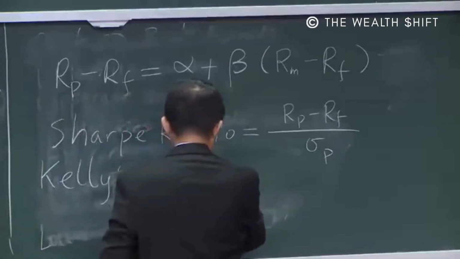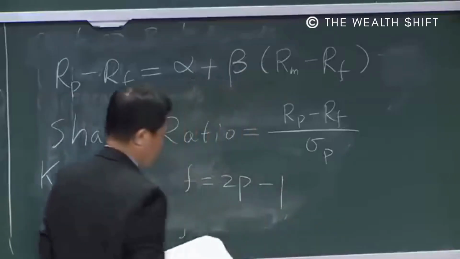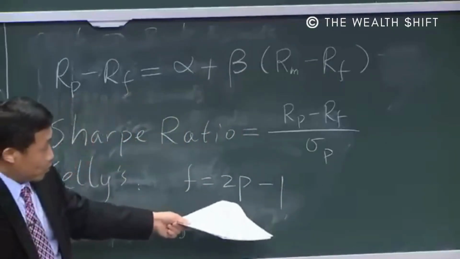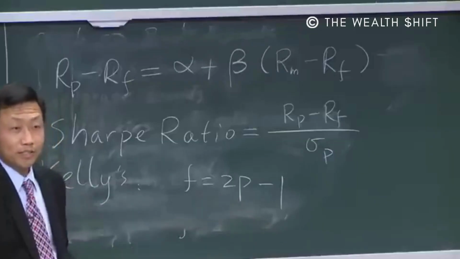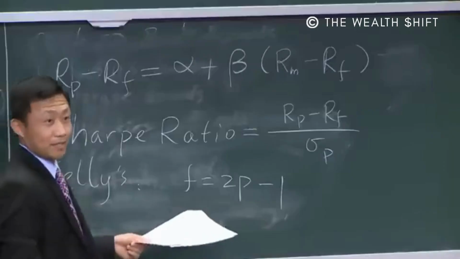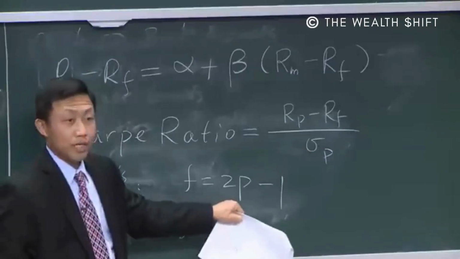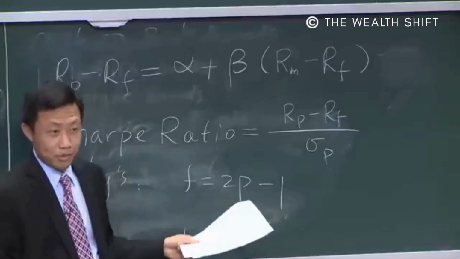So it's a very simple formula. So if you have a winning probability of 50-50, how much do you bet? Nothing. If you have P equal to 100%, you bet 100% of your position.